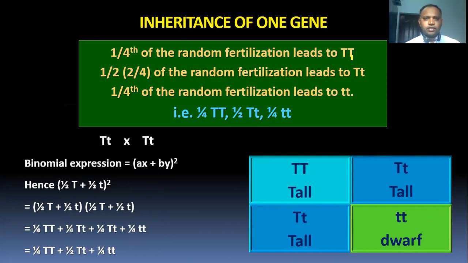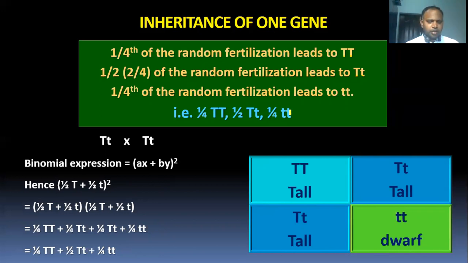Half of the random fertilization leads to caps T small t, and one fourth leads to small t small t. So caps T caps T is 1/4, caps T small t is 1/2, and 1/4 is small t small t.